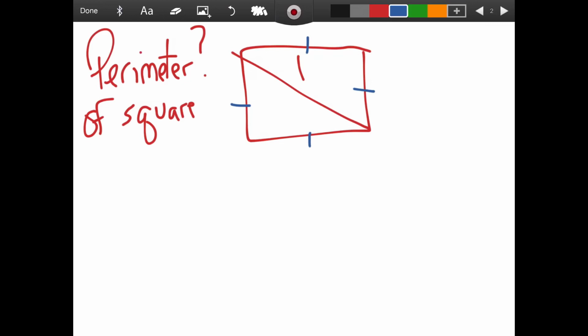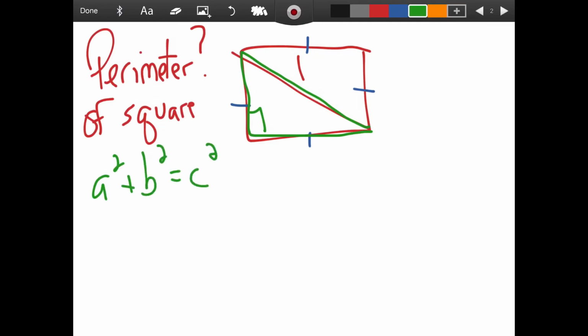Now, if we break this down, we have a right triangle in here. So this problem also involves a little Pythagorean theorem, where a squared plus b squared equals c squared, where I don't know what these sides are. So I have x squared plus x squared equals 1 squared, which of course is 1.